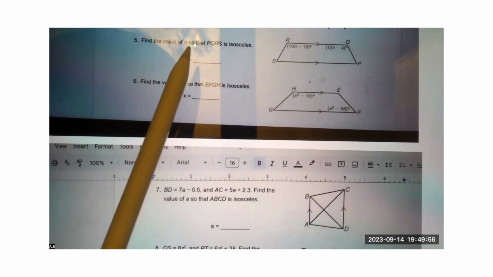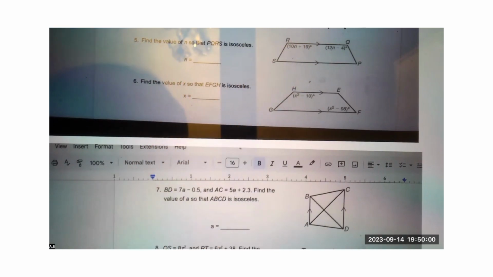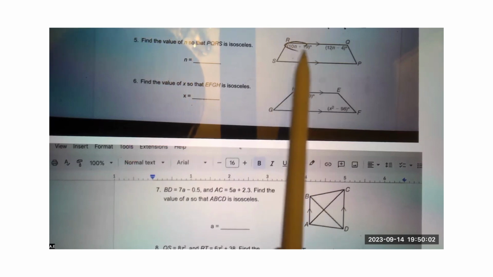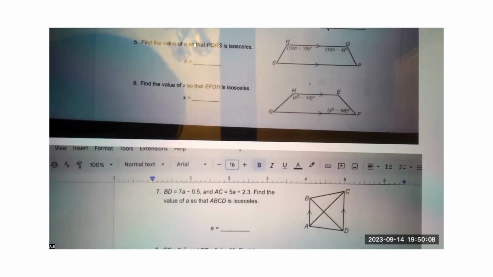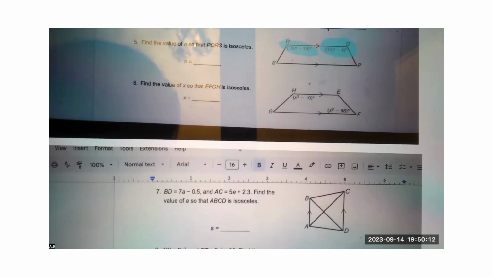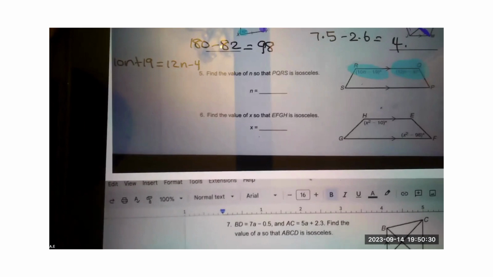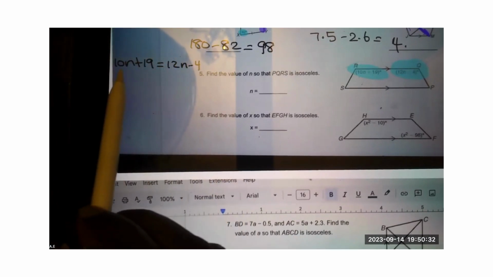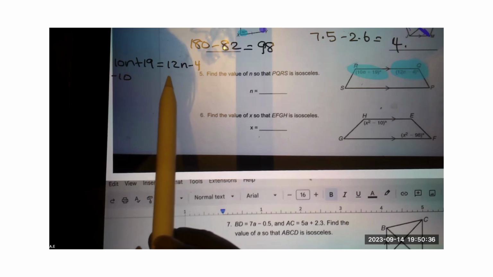Find the value of n such that PQRS is isosceles. Isosceles means that R and Q are equal. Right, and then we solve. We do minus 10 on both sides.